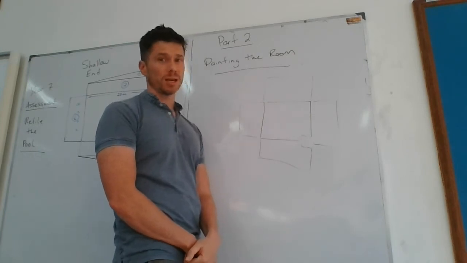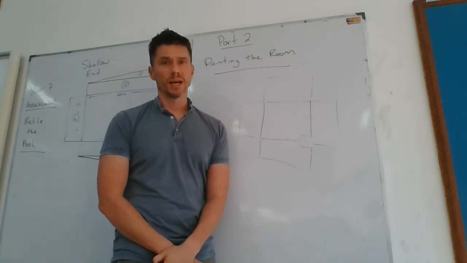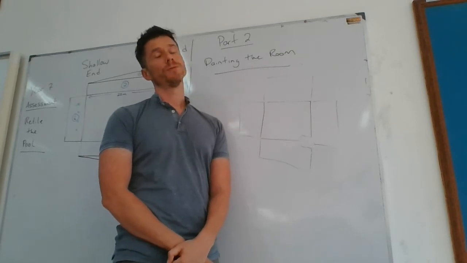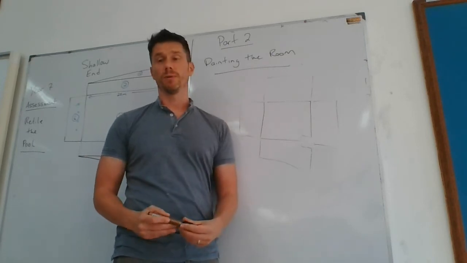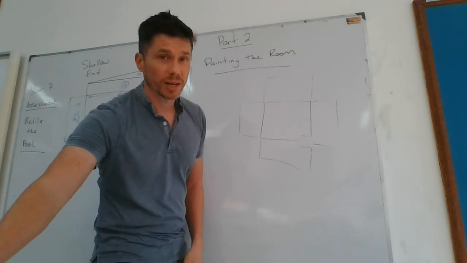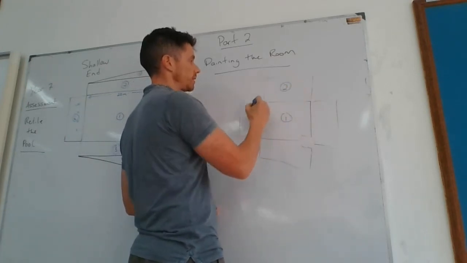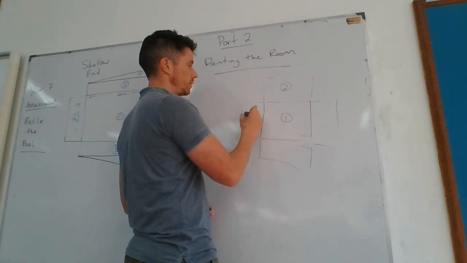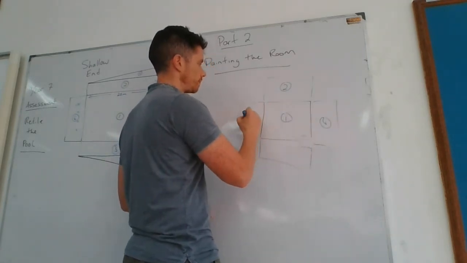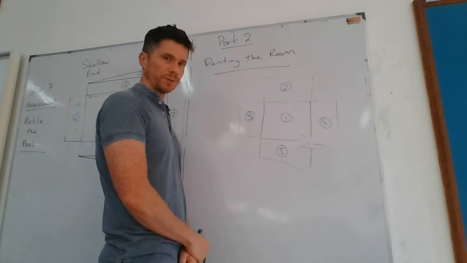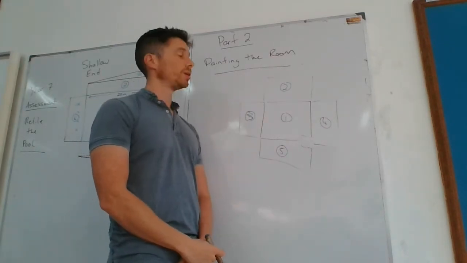Part three then asks for the total area of all surfaces. That means you have to work out the area of all these surfaces. So more than likely most people will have 5 surfaces to get the area of. You'll have to get the area of them.